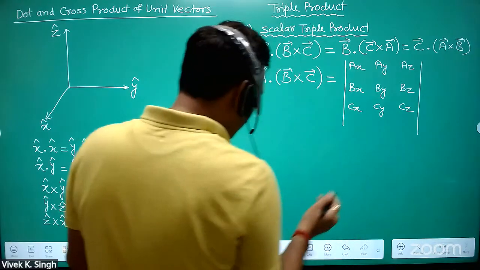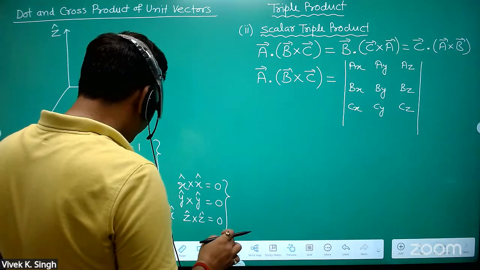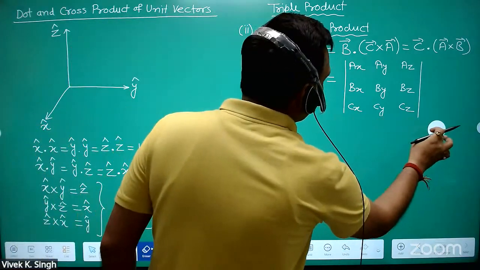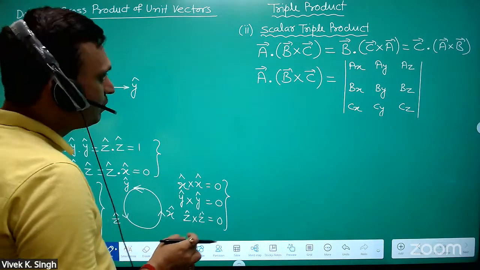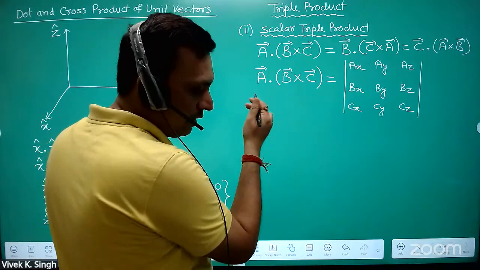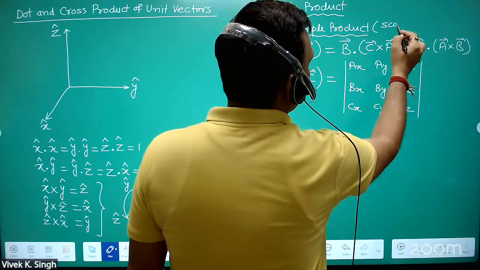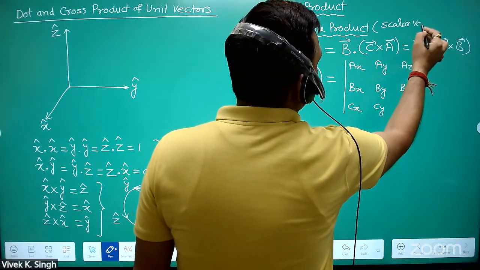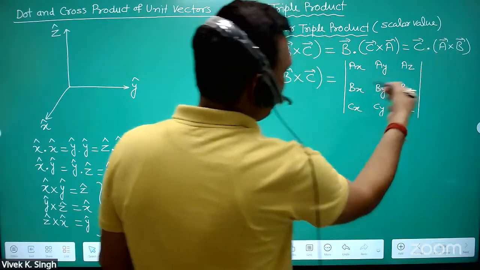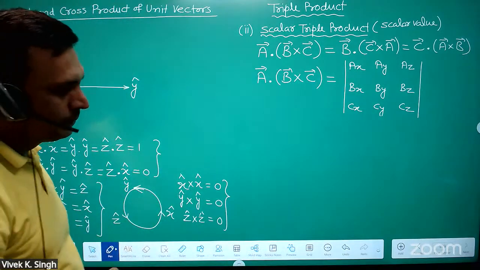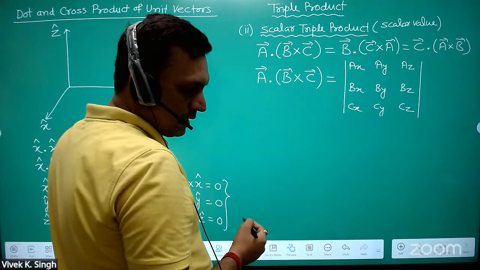If this is given in component form, how to find the numerical value? This will be a scalar value. Scalar triple product is a scalar value, and that scalar value is given by expanding this determinant. Is it clear?